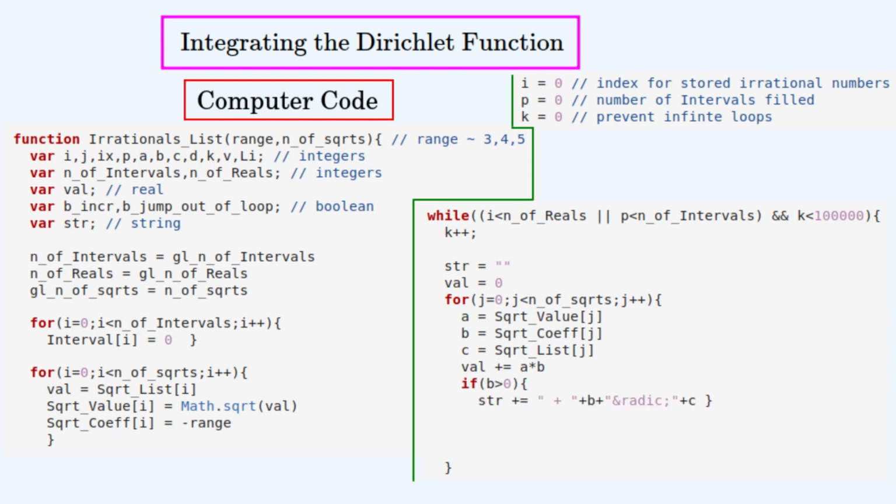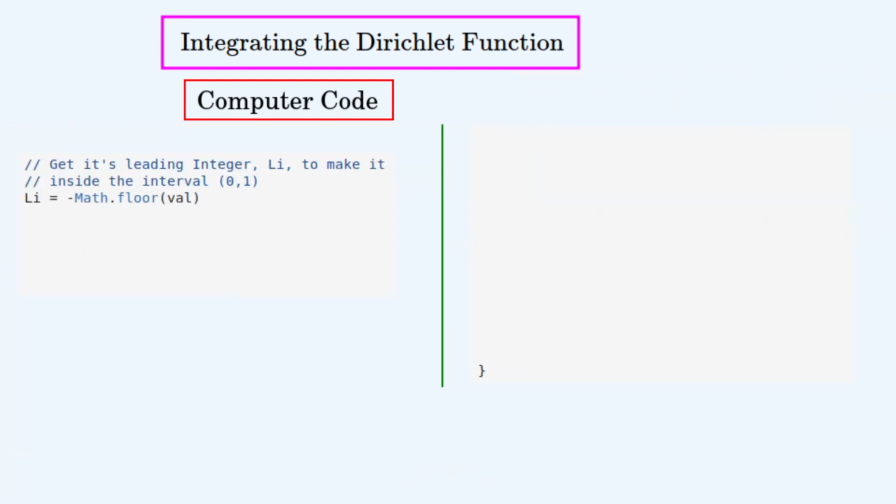If the integer coefficient of this square root is positive, then we'll add it onto the string in this way. And if it's negative, we'll write a minus sign followed by a positive integer coefficient. Now we'll get the leading integer of this expression using the floor function. We'll add this leading integer to this expression to get the correct value, which is between 0 and 1.